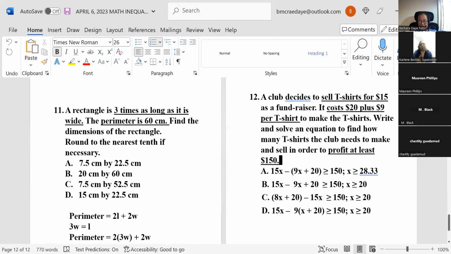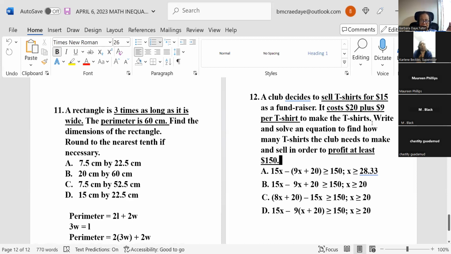So you're saying that they charge a cost of $20. That's like an upfront cost, right? And then for every t-shirt, you pay $9. So the 20 is a fixed cost, the 9 is a variable cost.